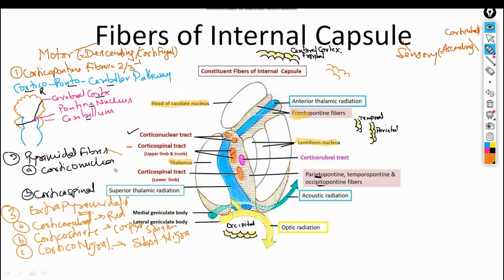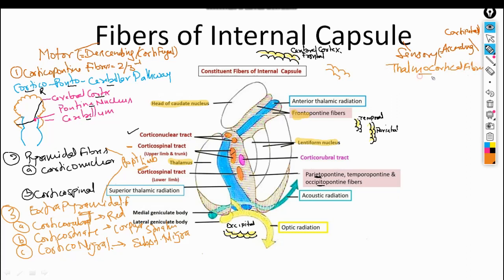The pyramidal and extrapyramidal fibers both are present in the posterior limb of the internal capsule. So this is about the motor fibers. Now we will see the sensory fibers. The majority of the sensory fibers of the internal capsule are known as thalamo-cortical fibers.